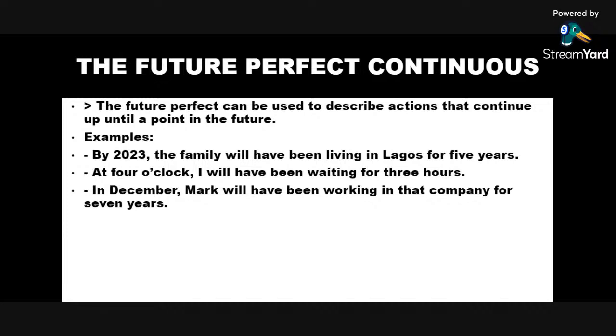Now, another example is at 4 o'clock, I will have been waiting for 3 hours. You get to a place, you are waiting for someone, and then you are spending quite a long time. You took note of when you came in there and when you started waiting for this fellow, and hour after hour, the fellow has not yet come.